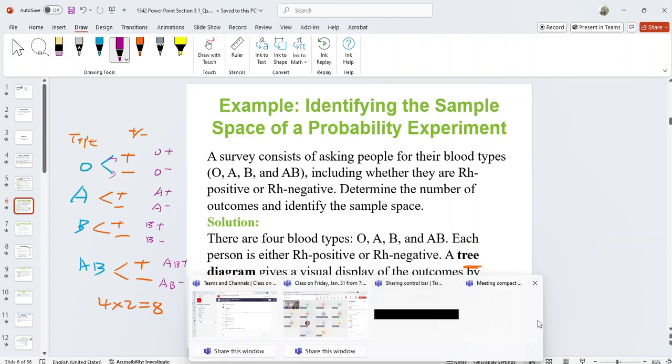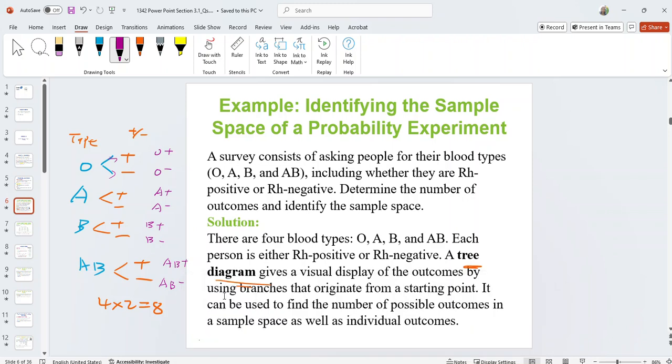But sometimes in other different situations, not just only the blood type, it can have multiple different types. The way we count them is we just multiply, not add.